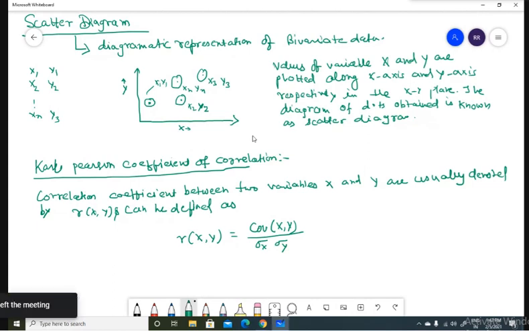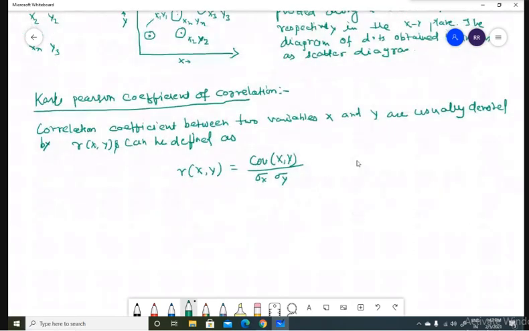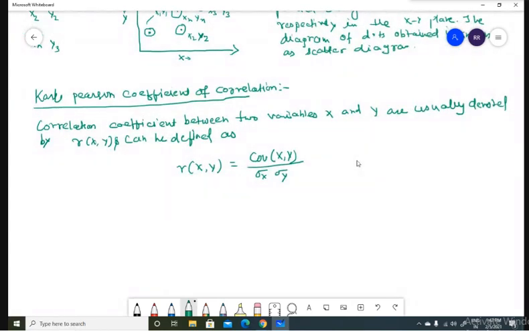Covariance of x y, if you have studied expectation, you can understand, can be defined as expectation of x minus expectation of x times y minus expectation of y.